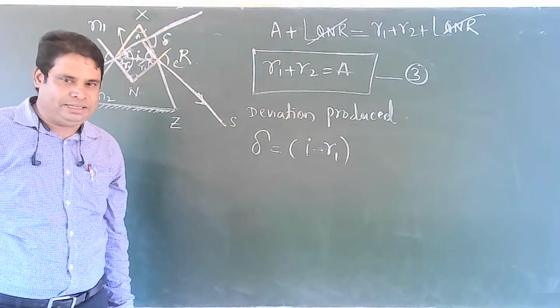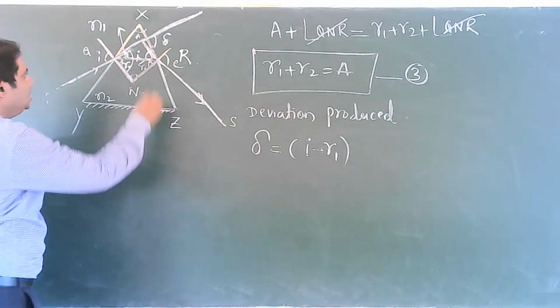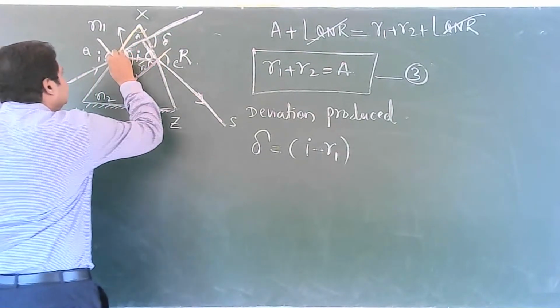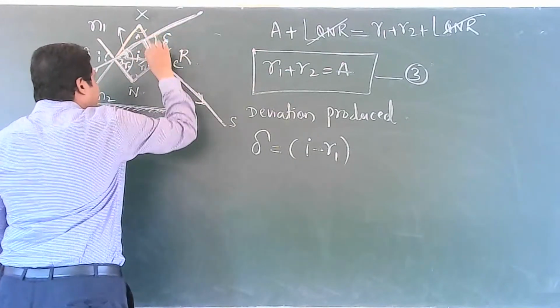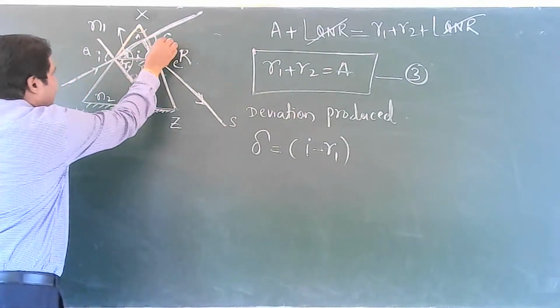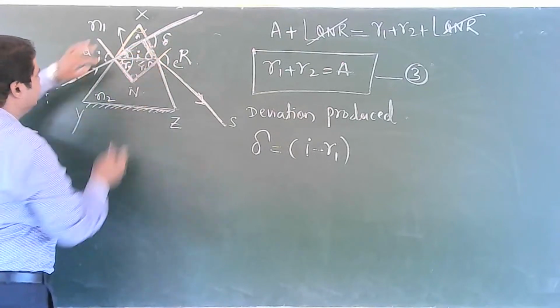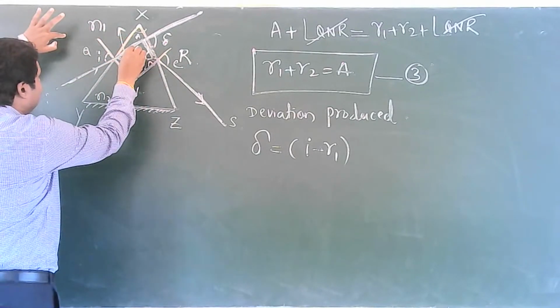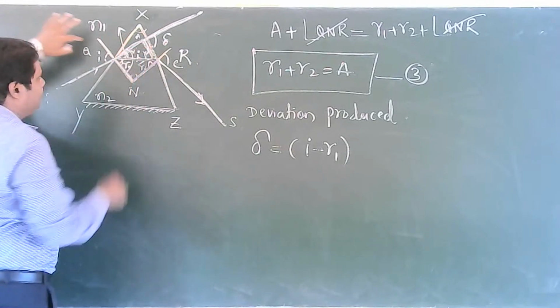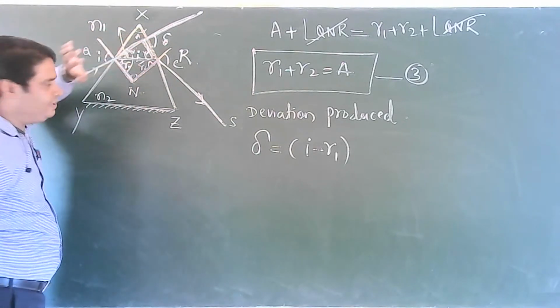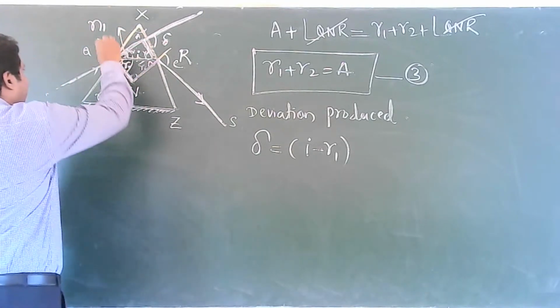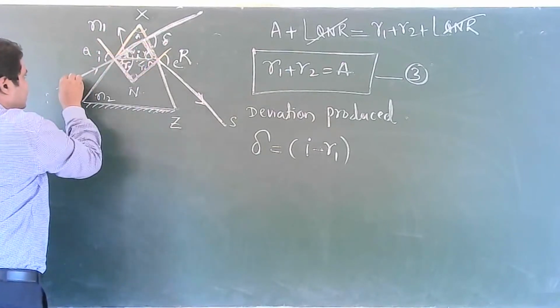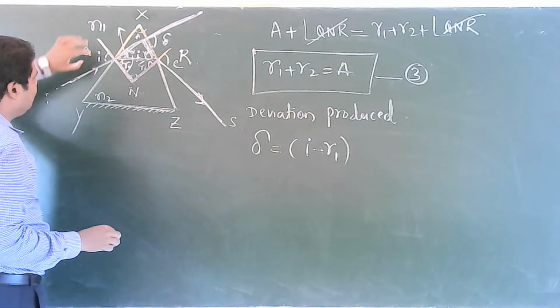I will explain one more time. Please listen. This is delta. This is the triangle. This delta is equal to this angle plus this angle. Let us denote this angle as x and this angle as y. But at the same time, we have a normal and a ray.